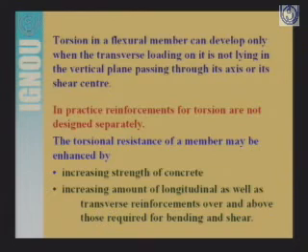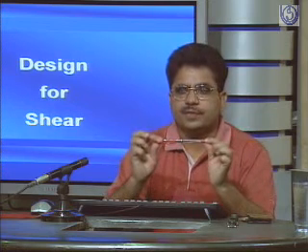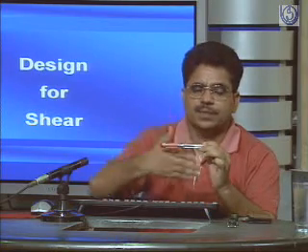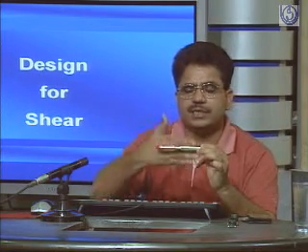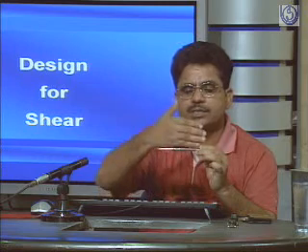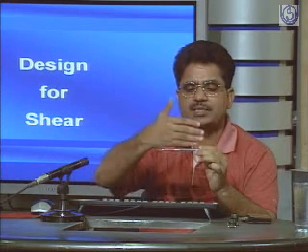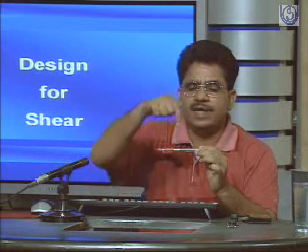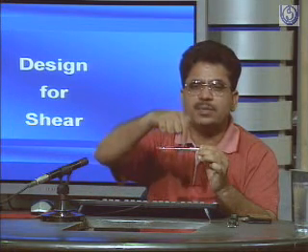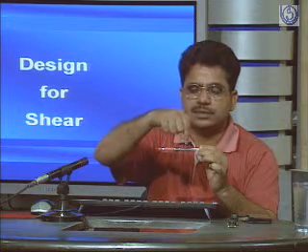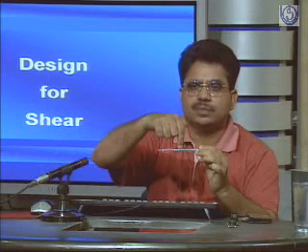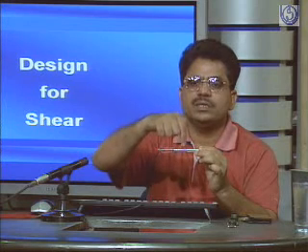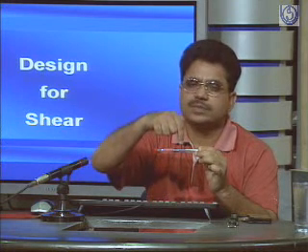Let's see. If this is the beam, then this vertical plane passing through the center means a plane passing through the center line of the axis. If the load is acting in this vertical plane passing through the center of this beam, then there will not be any torsion, torque or twist.